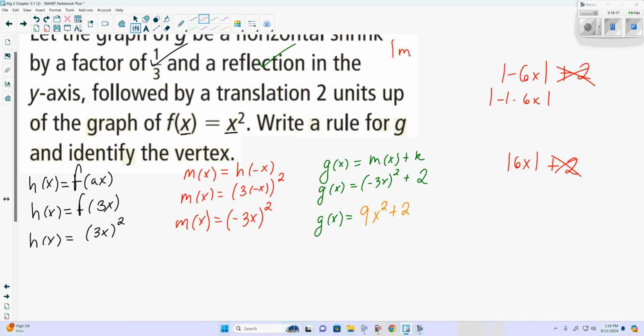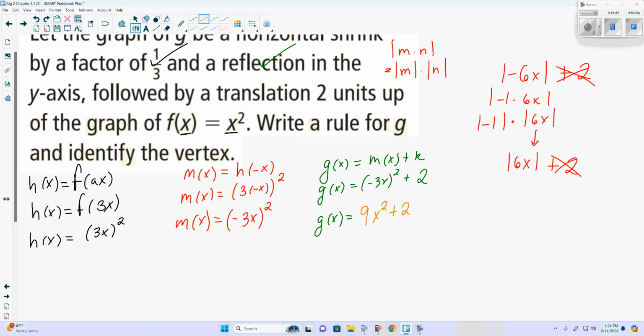One of the properties of absolute values is that the absolute value of m times n is the same as the absolute value of m times the absolute value of n. We can split it. So here, that means I can take the absolute value of negative 1 times the absolute value of 6. What's the absolute value of negative 1? 1. So it just gives us the absolute value of 6x. Because that negative is going to come to naught in the end. That's why those are the same.